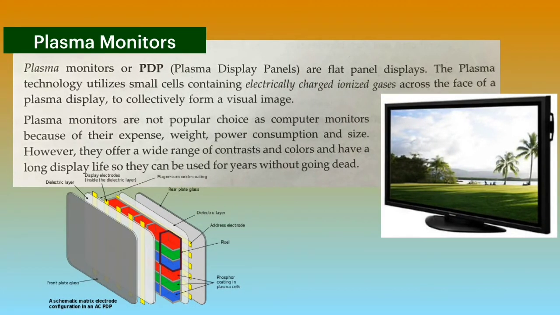Plasma monitors or PDPs. They are flat panel displays like LCDs. The plasma technology utilizes small cells containing electrically charged ionized gases across the face of the plasma display, which collectively form the visual images.